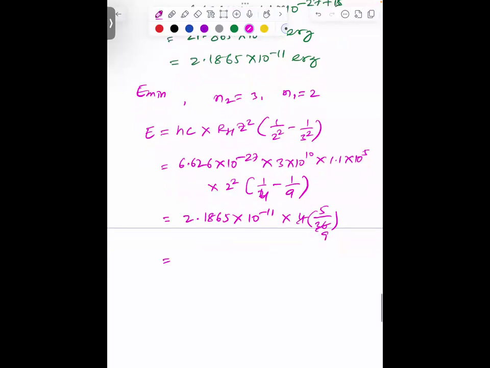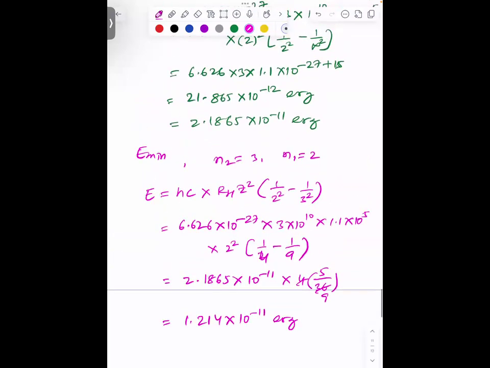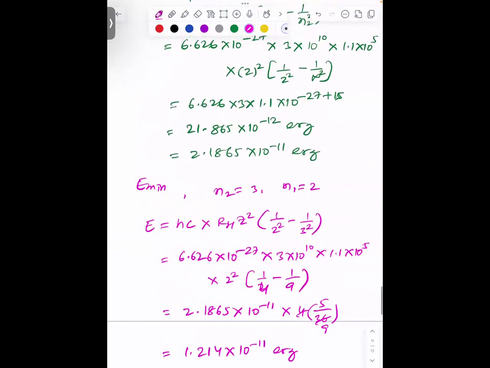So 5 by 9 I multiply. So 2.1865 into 5 divided by 9, so that is 1.214 into 10 to the power minus 11 erg.